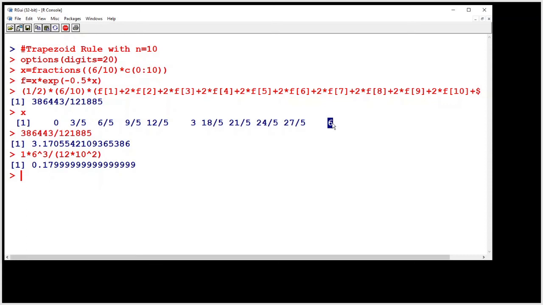That's x10, which is the right endpoint of the interval. All the numbers in between are other partition points. This line is the definition of the function. The function is x times e to the power of negative half of x.